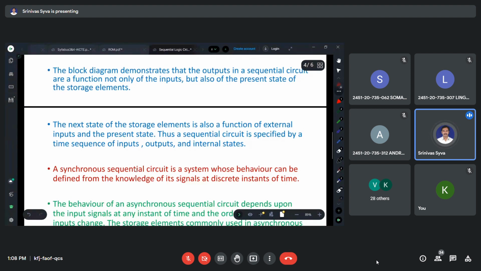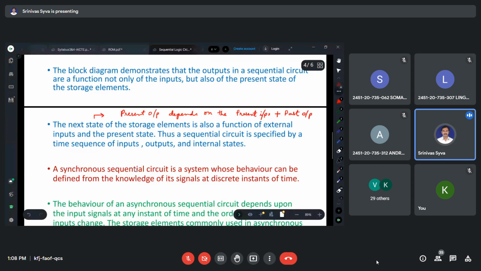The meaning of this statement is that the present output depends on the present inputs plus past output.